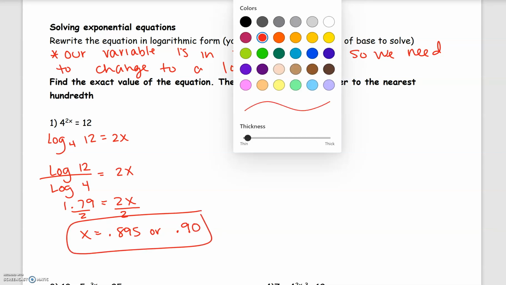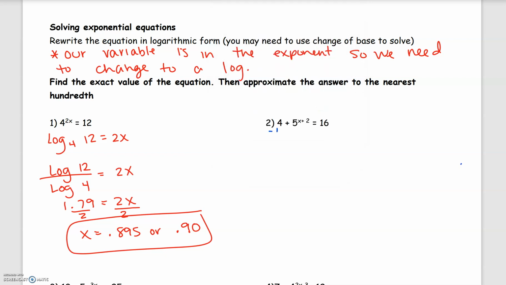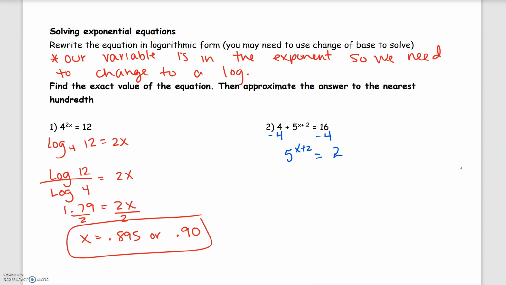On this next one, we first want to get rid of the 4 by subtracting it, to get just our base and exponent alone. Now we want to rewrite this as a log, because we can't solve for x when it's up here. So log base 5 of 12 is equal to x plus 2.